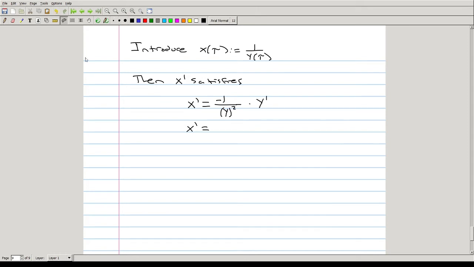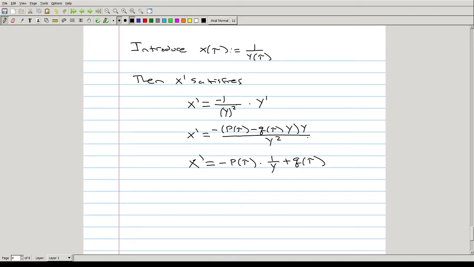And therefore, if we use that y has to satisfy our differential equation, this is equivalent to saying that negative y prime is p of tau minus q of tau times y, over y squared, which is the same thing as x prime is equal to negative p of tau times 1 over y plus q of tau, because y times y is y squared over y squared is 1.